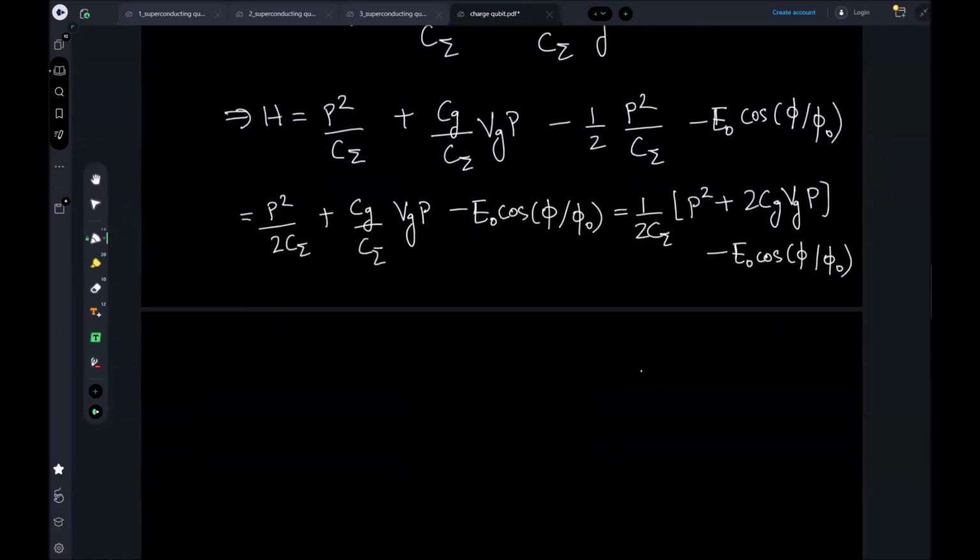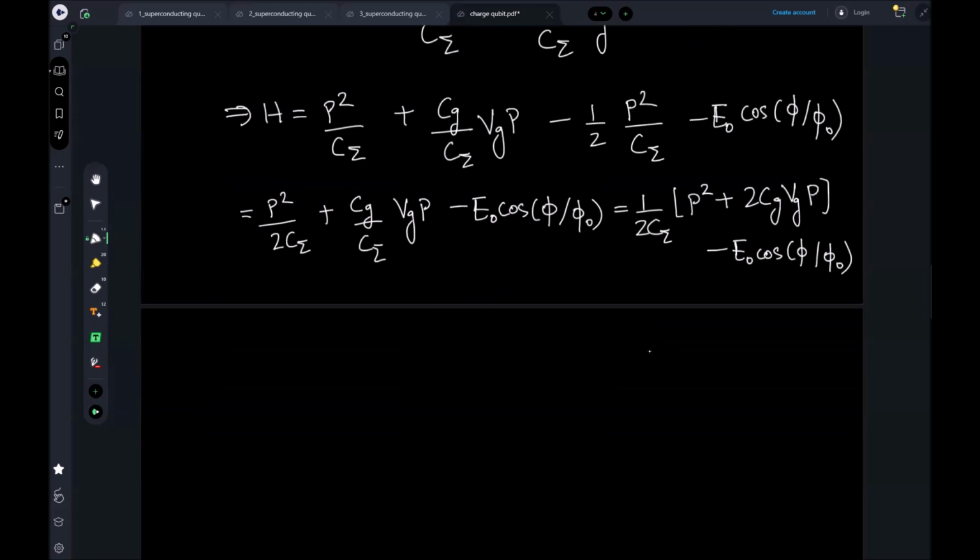Now I'm going to add and subtract a term, that is CG square times VG square inside this bracket, and that will allow us to write the square of a quantity. It will help us to complete the square.